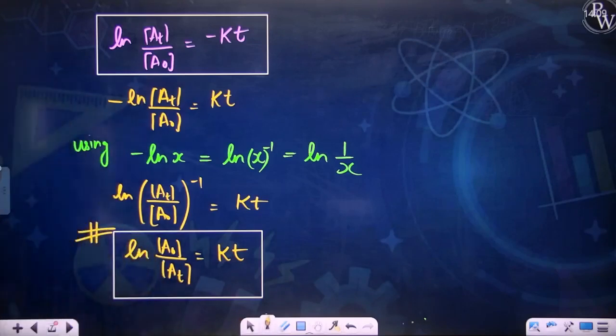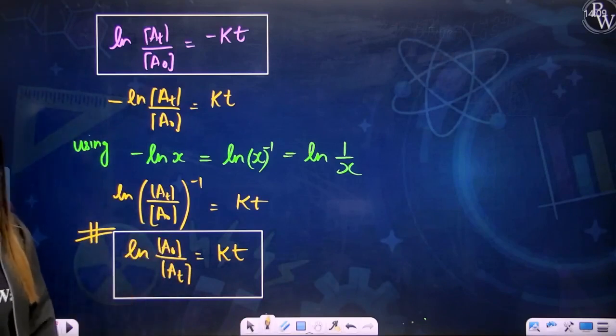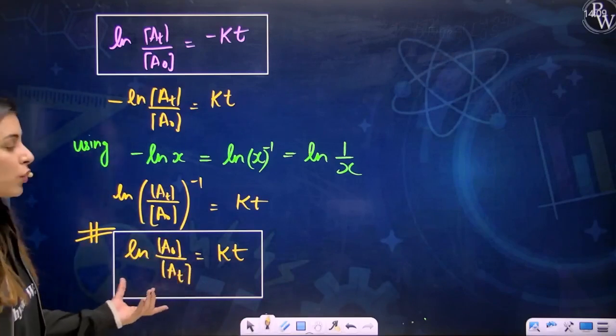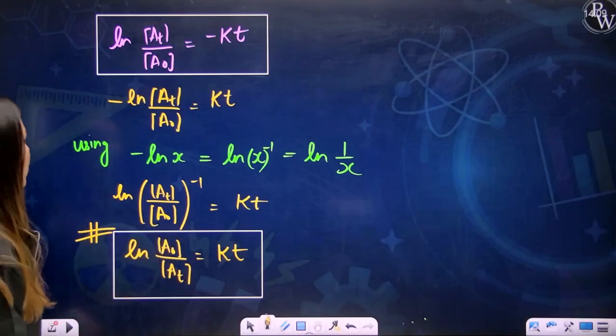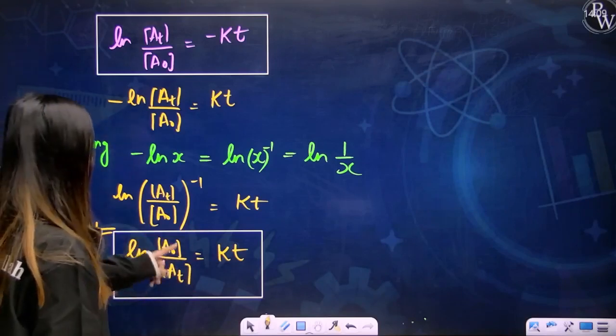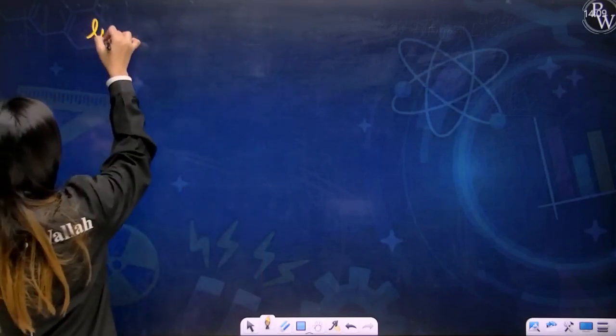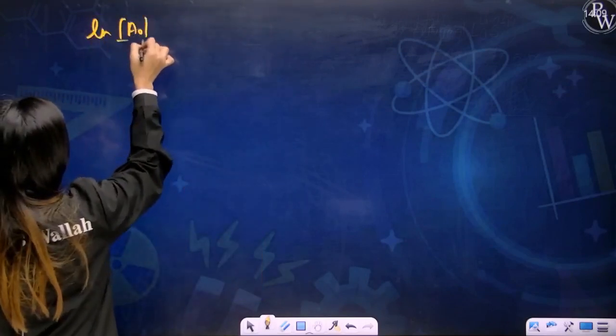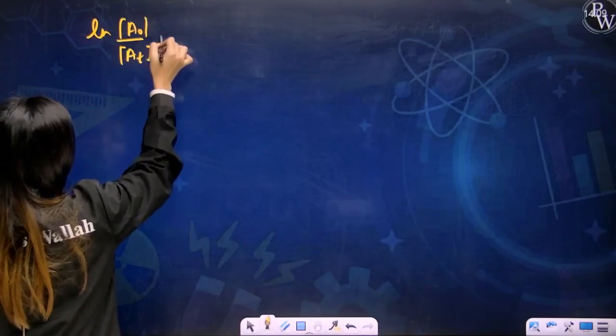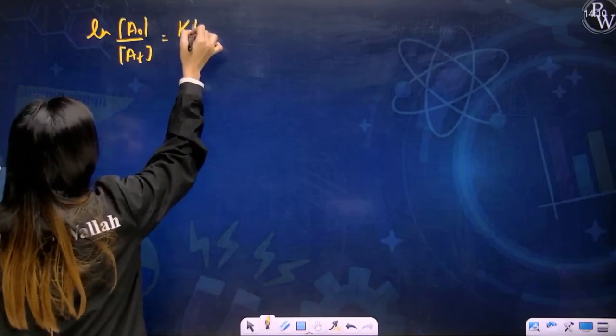Okay. Yes. So we derived this expression, and this expression is very important. We use it in numericals. Now what are we going to do? We'll just solve it further, my dear students. Just see how we are going to solve it. Let's use this expression: ln of A naught upon At is equal to kt, right?